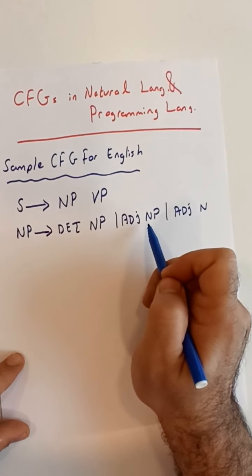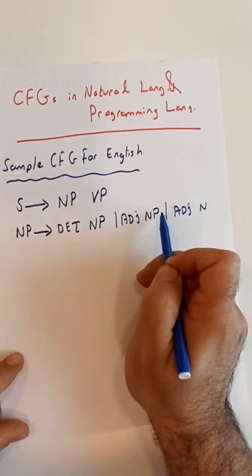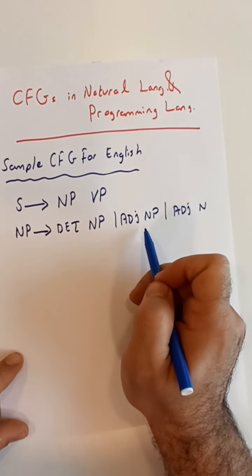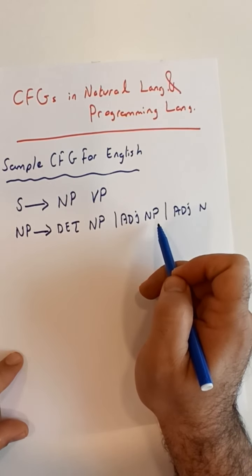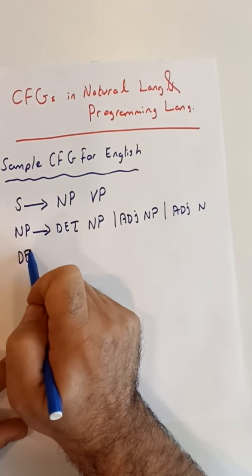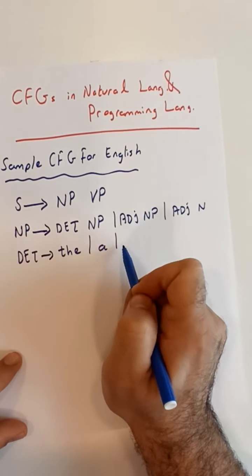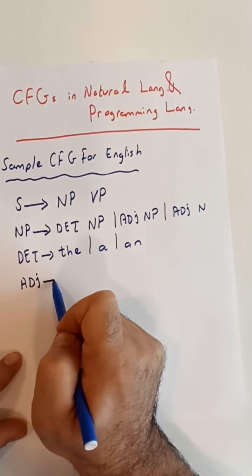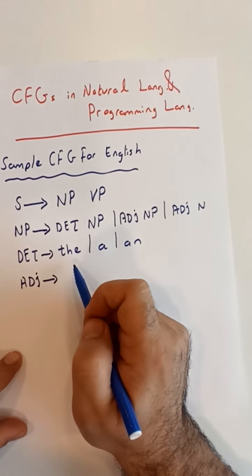So big and ugly cats, let's say. In that case we would need to expand this with adjective followed by noun phrase, and noun phrase would be expanded with yet another adjective and noun phrase. That would be adjective, adjective, noun phrase, so we could add further adjectives. As we said, determiner could be the, a or an, and for adjectives, let's just add a small number of adjectives to our language.